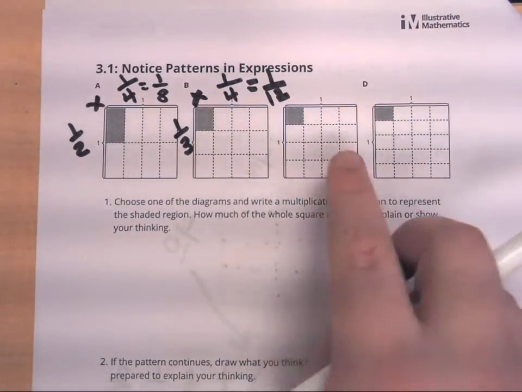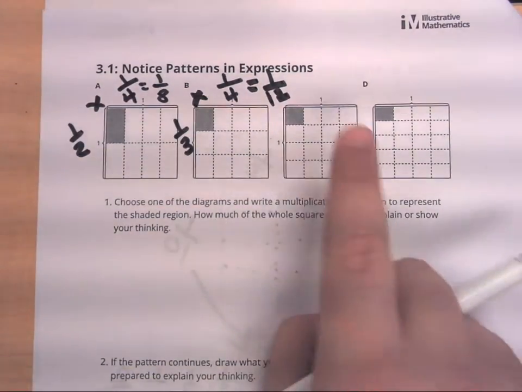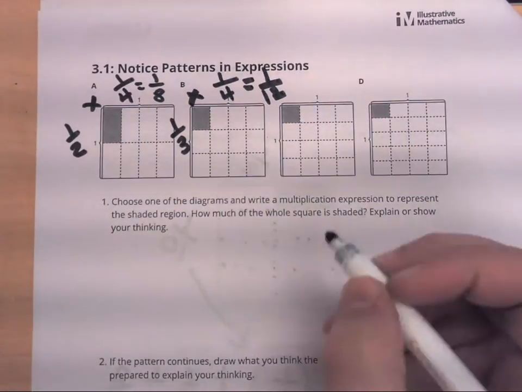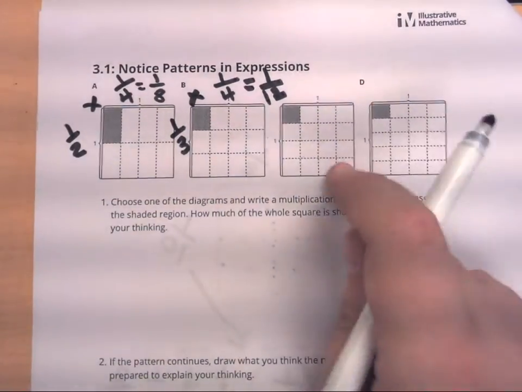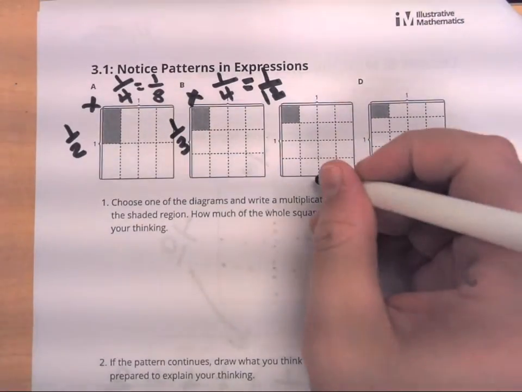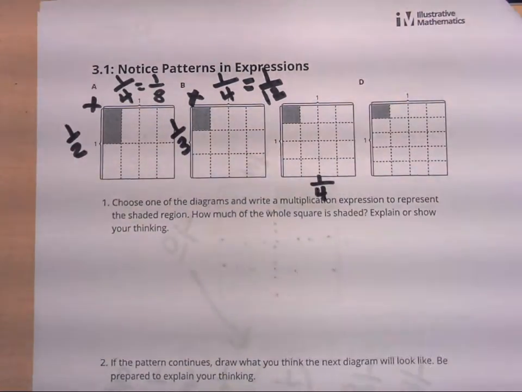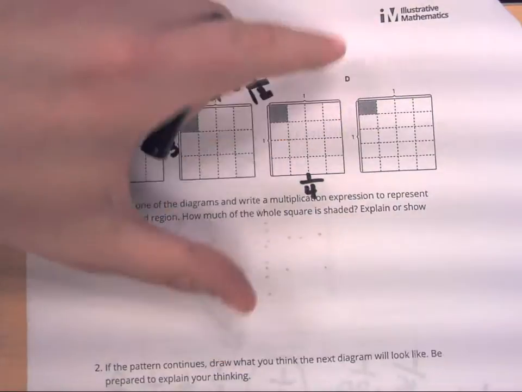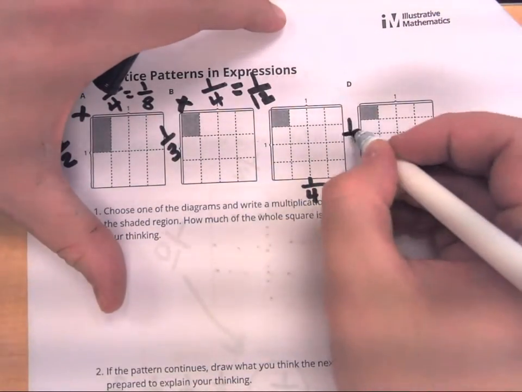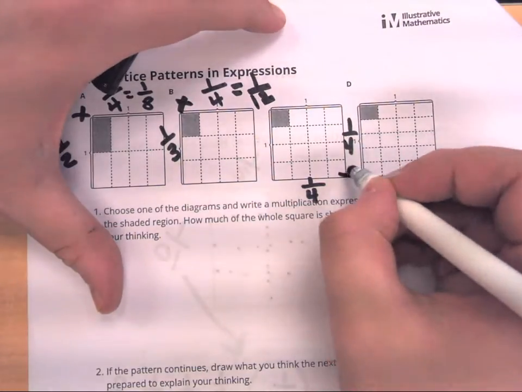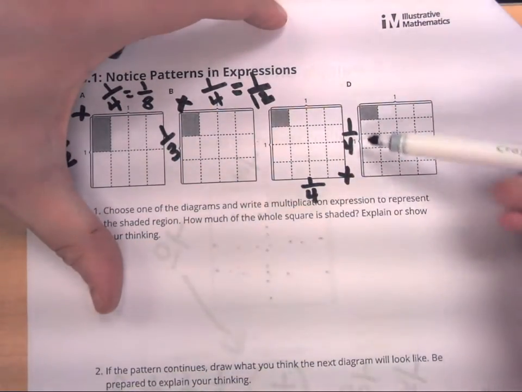Now going down to C, I'm going to write my expression down here so it doesn't get too busy up top. Again, we see that going across the top or bottom here on this side, we have one whole partitioned into fourths. And then going up the adjacent side here, we see that the whole has also been partitioned into fourths. And so the multiplication expression here would be a fourth multiplied by a fourth.